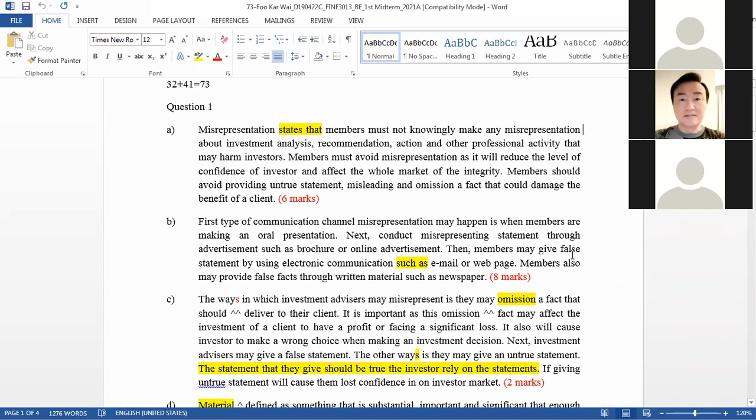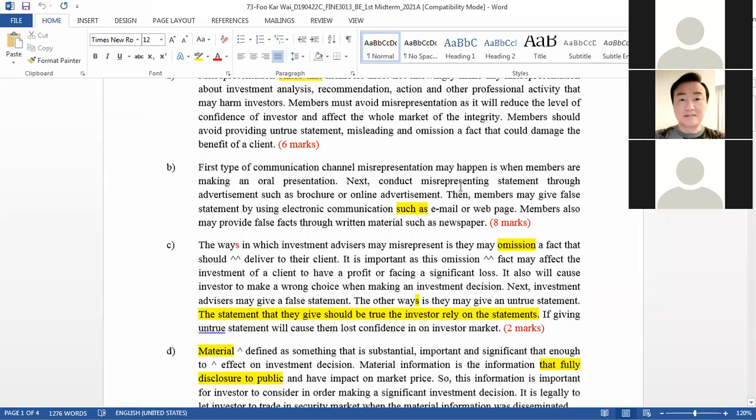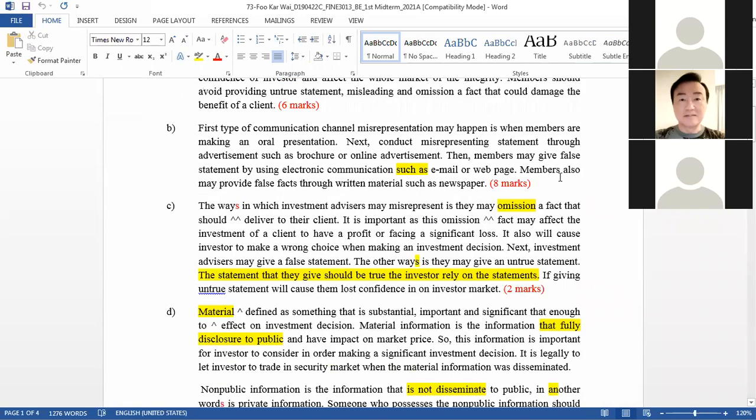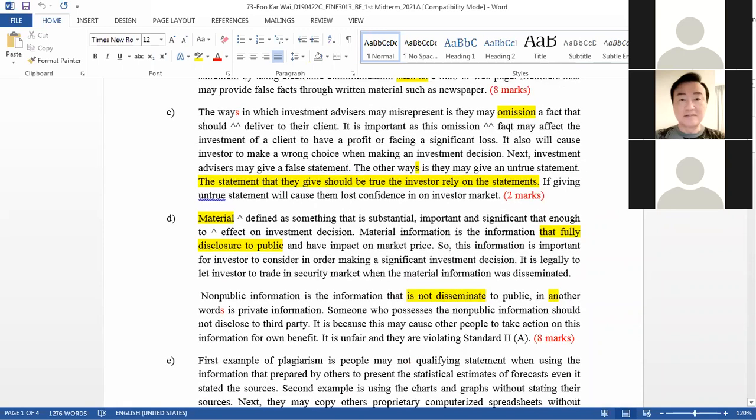All right, so B, not much, you still got full marks, right? They may omit a fact, all right, like this. They may omit a fact that should be delivered to their client, something missing here.